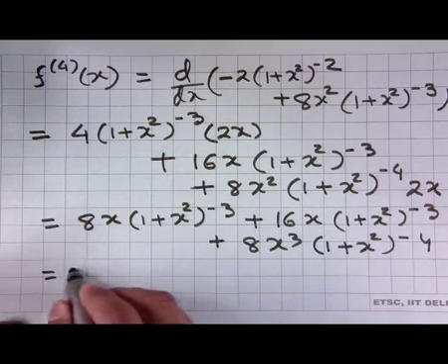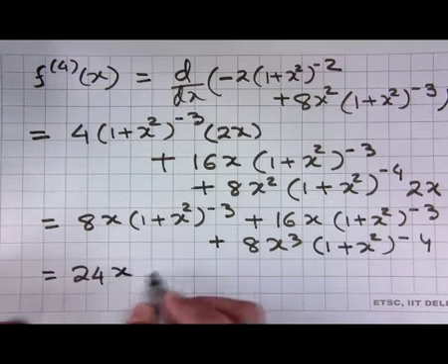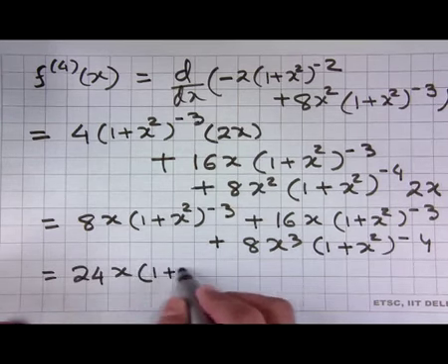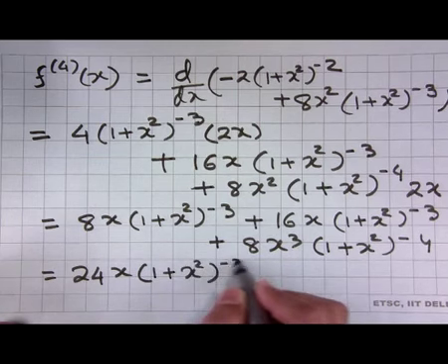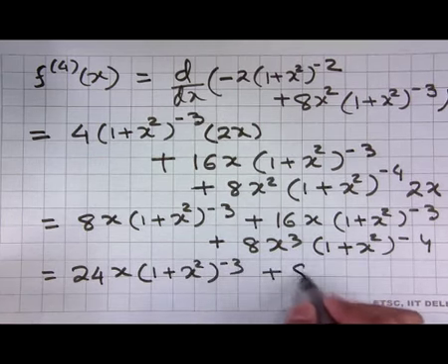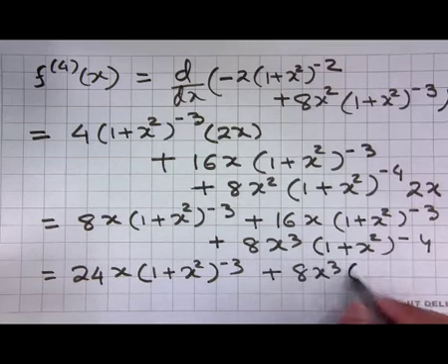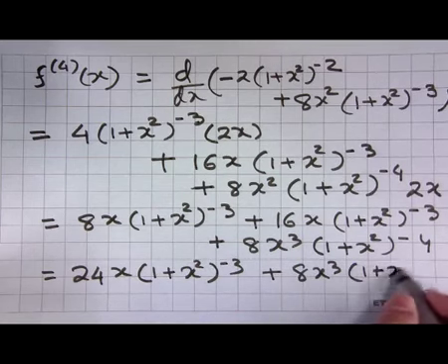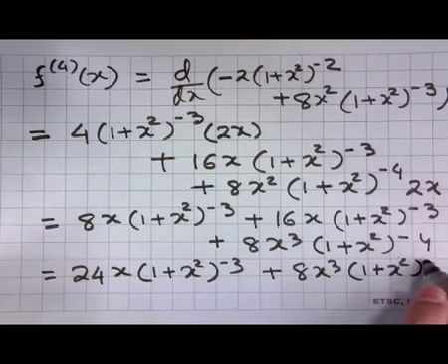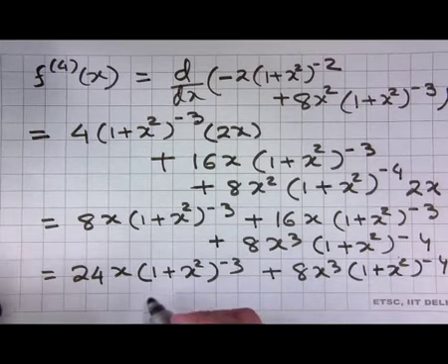This is equal to 24 x into 1 plus x square whole to the power minus 3 plus 8 x cube into 1 plus x square whole to the power minus 4.